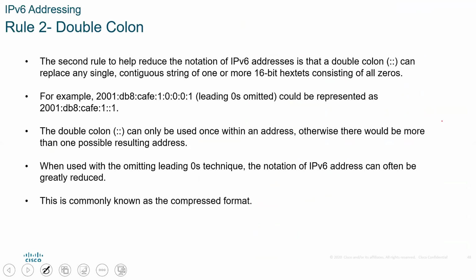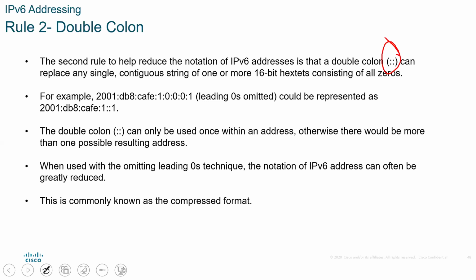Rule number 2 is the double colon. The second rule to help reduce the notation of an IP version 6 address is the double colon. When do we need it, and how does it help us in reducing the length of IP version 6?